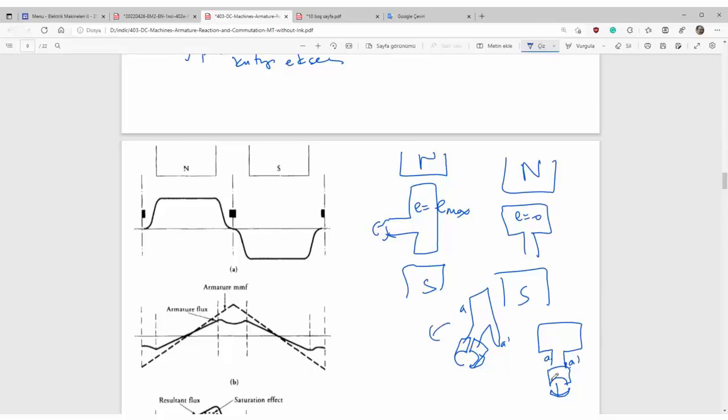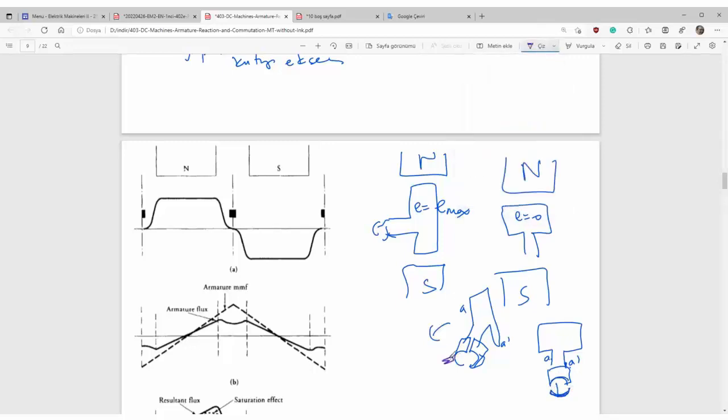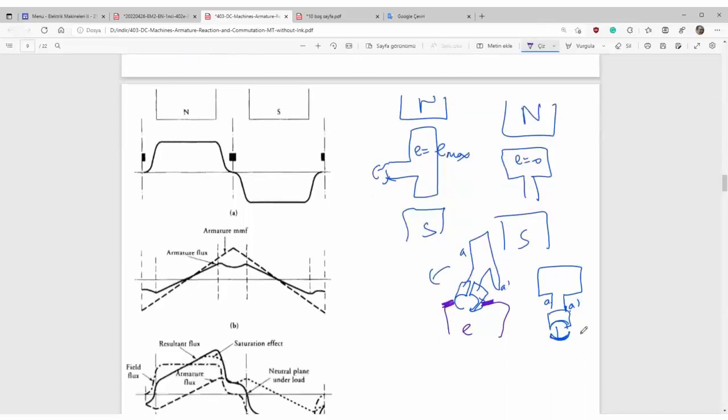So, here are the half circles. Take care, ladies and gentlemen. Here were brushes to pick up EMF outside. Here are brushes to pick up voltage. And brushes are stationary. Here are the brushes, causing some short circuits.